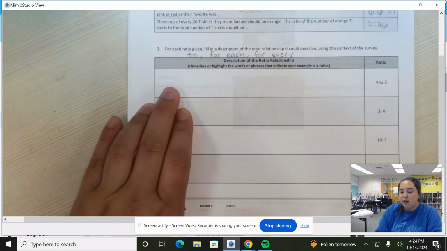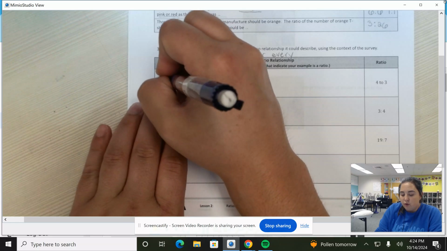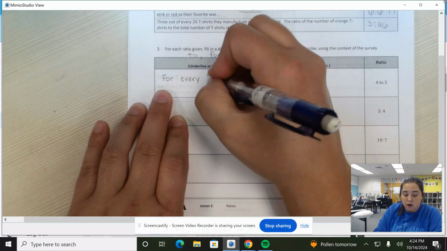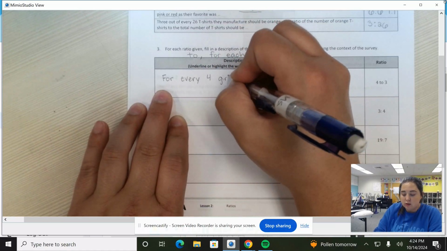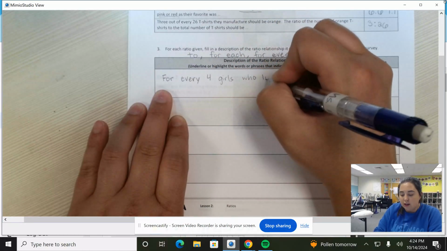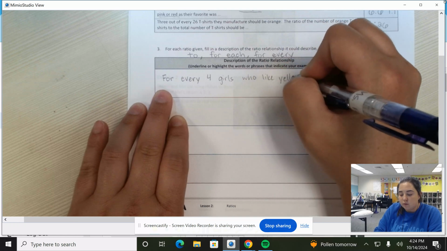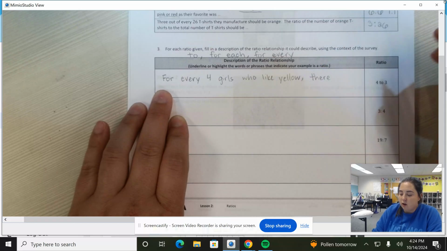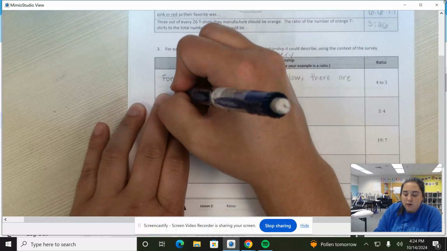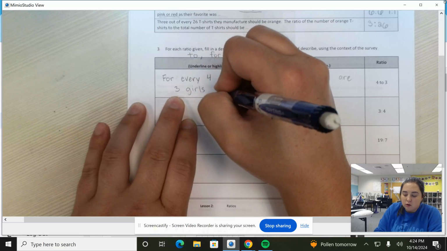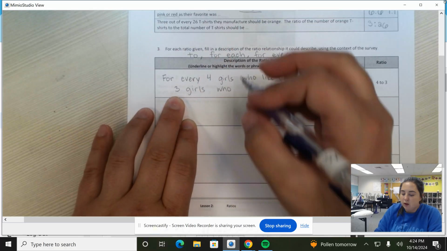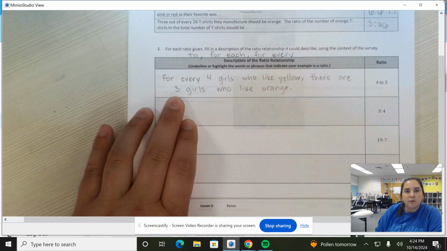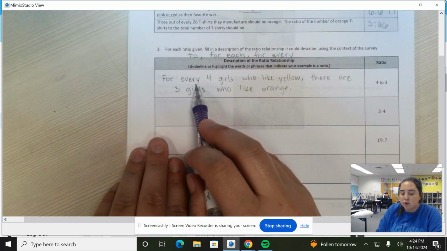So over here, I'm going to say for every 4 girls who like yellow, there are 3 girls who like orange. Notice how I used one of those terms, for every.